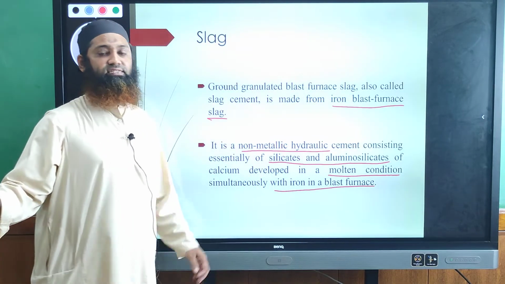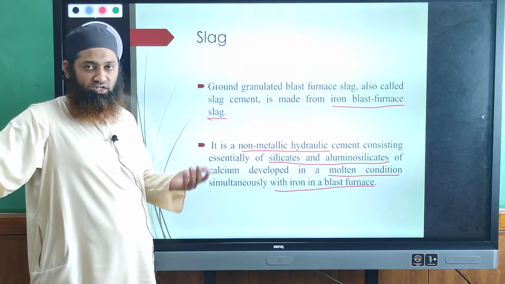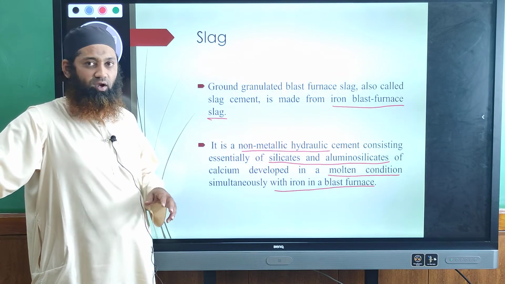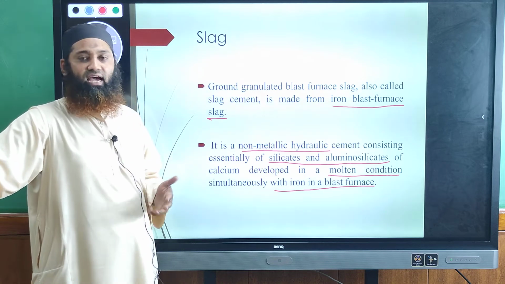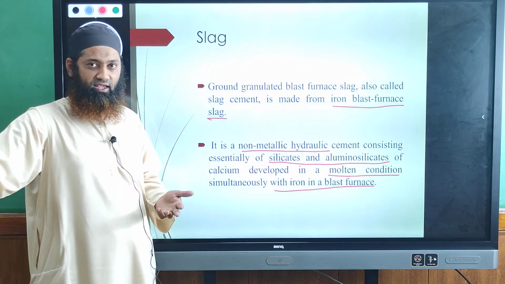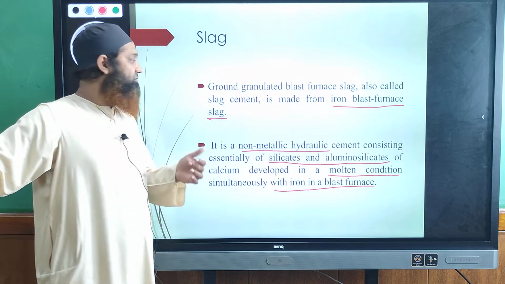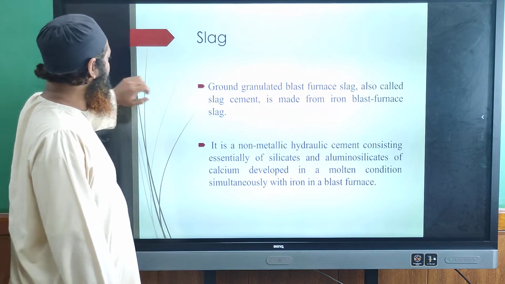So basically this is developed in a blast furnace in a molten form. After it is cooled and dried, we powder it. Then this slag is used as a supplementary cementing material. Even this performs very well. Let us see what it contains and how it performs.